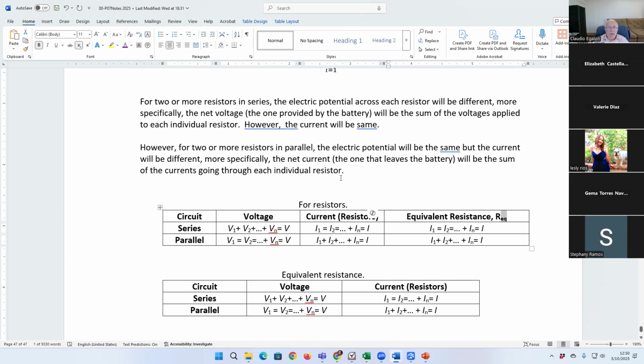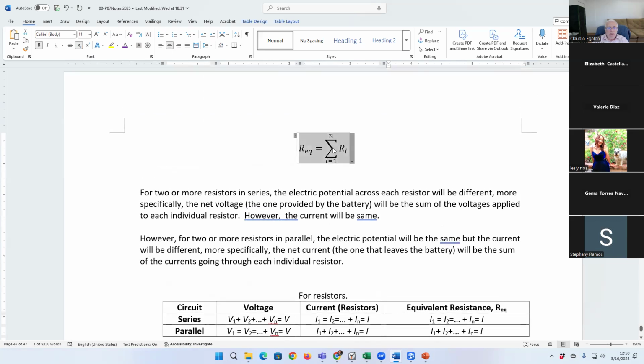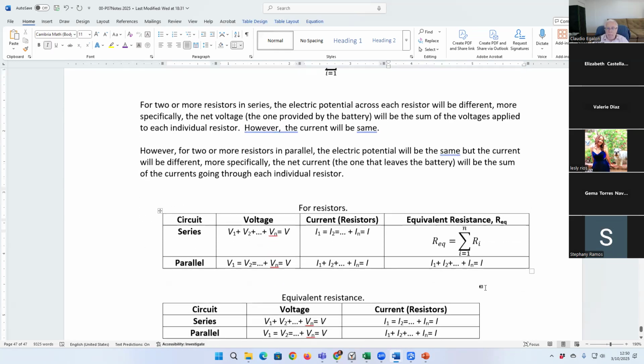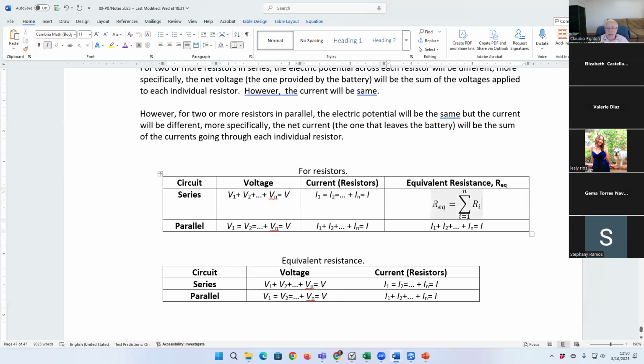In series, the equivalent resistance is going to be the summation of each resistance separately. What about in parallel? In parallel it is going to be the inverse. And I'm not kidding when I say that it's going to be the inverse.